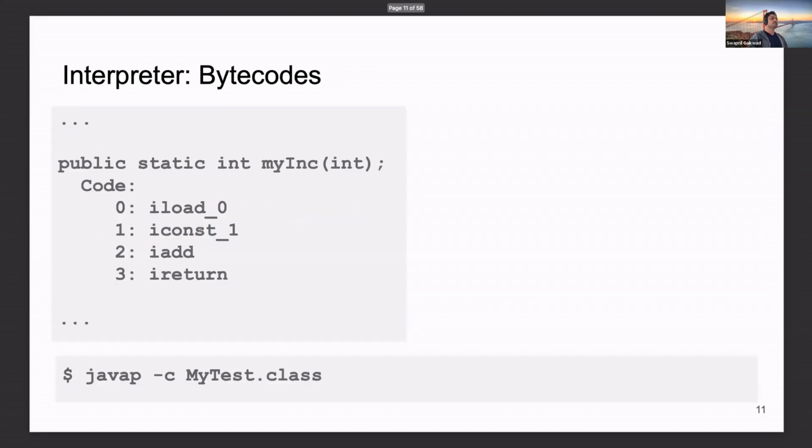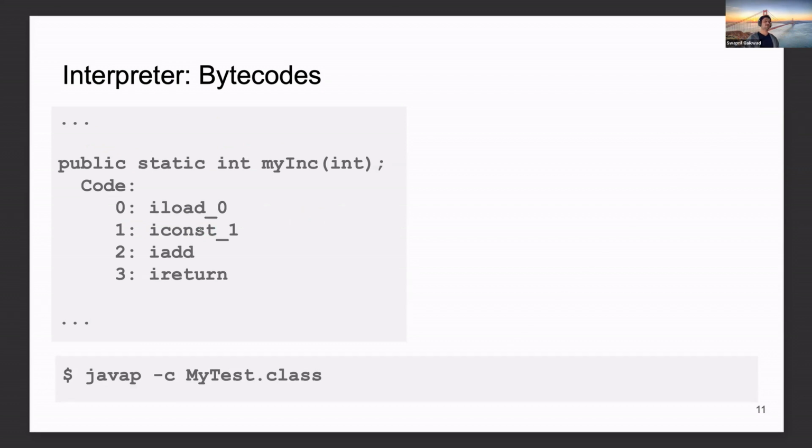Cool. When we compile this class with javac, we get the MyTest.class file. We can extract the bytecodes generated for MyTest using the javap -c command, and you will find the bytecodes for this myIncrement method there.